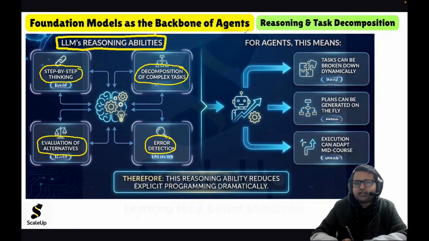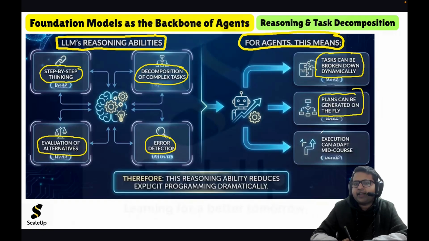For agents, these reasoning capabilities mean agents can now break down tasks dynamically using large language models. Plans can be generated on the fly, and agents can execute.